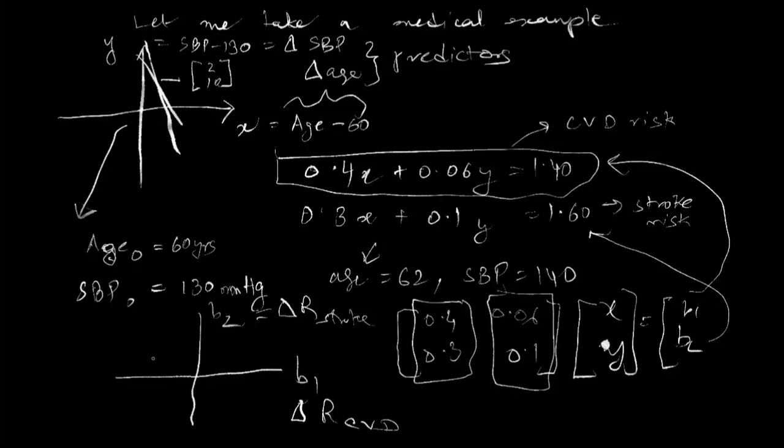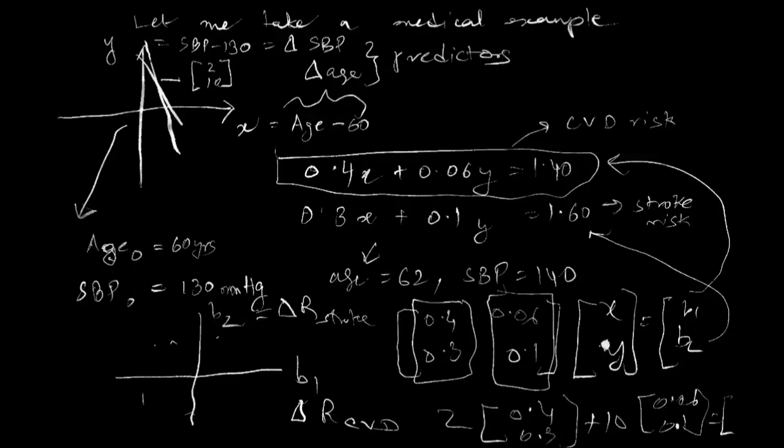That is the diagram that we would get here. I'm not drawing the diagram, but just explaining what it is. Essentially it is 2 times (0.4, 0.3) plus 10 times (0.06, 0.1) is equal to (1.4, 1.6). This is the column picture. So that ends the example that I wanted to talk about.